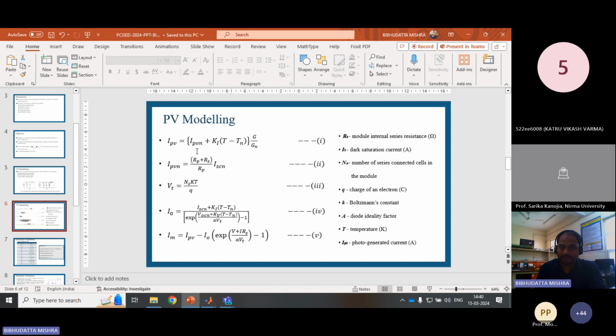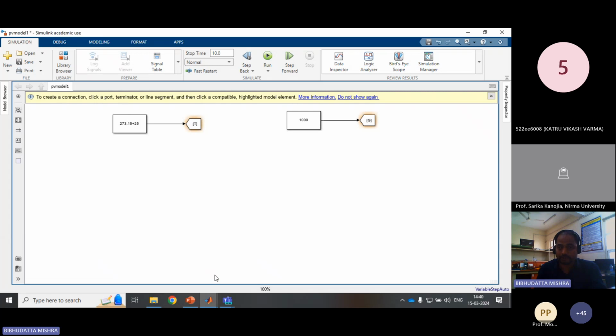We'll model as per these equations only. First of all, I'm declaring the values of Gn and Tn, that is the standard irradiance and the standard temperature, 25 degree and 1000 watt per meter square.